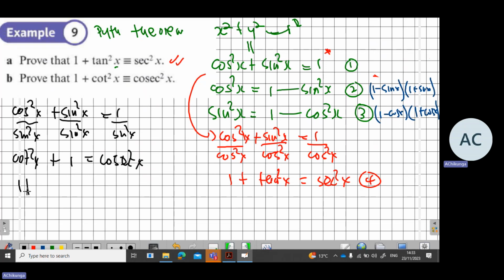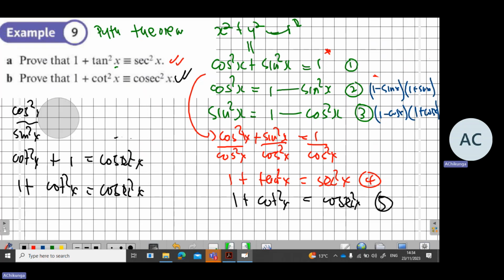This is the same as saying 1 plus cot squared x is equal to cosec squared x, because the commutative law of numbers says we can change that form. That's equation number 5. So we can manipulate this in so many ways, depending on the equation.